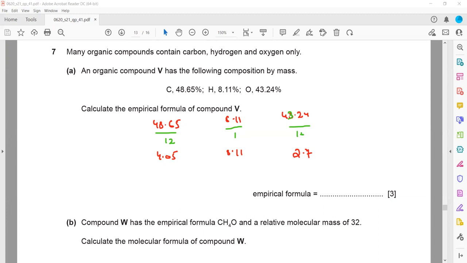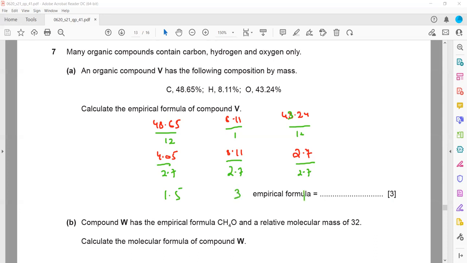So we will divide all of them by 2.7. 4.05 divided by 2.7 is 1.5. 8.11 divided by 2.7 is 3, and this will be 1.